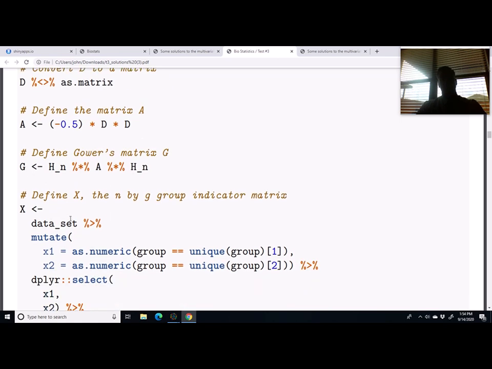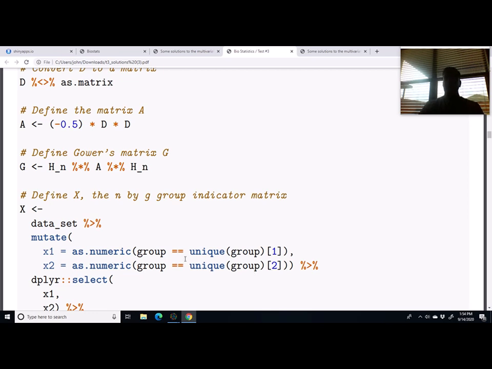And then we're going to define X to be the group indicator matrix. X is assigned to be the data set piped into mutate. X1 will be defined as numeric of group equal unique group 1, and X2 as numeric of group equal unique group 2.